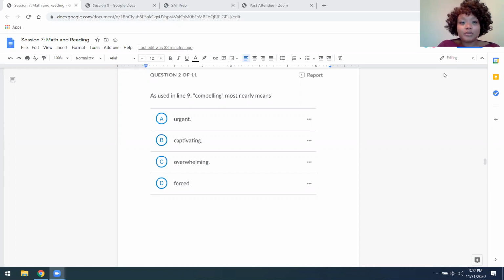If you want to separate the notebooks, like a reading notebook and a math notebook, or the 3 sections of reading, writing and language, and math, or if you want to combine them, whatever works for you, rather than using loose leaf paper and binders, because I feel like it's just easy to lose those things.